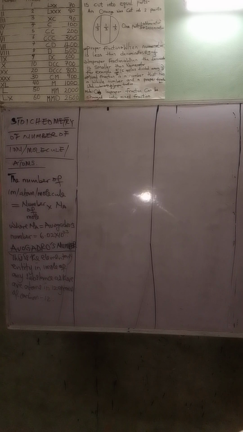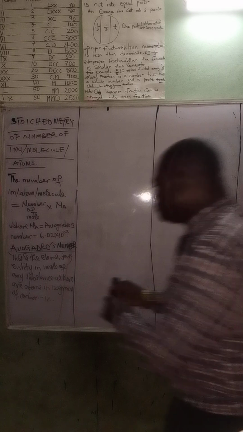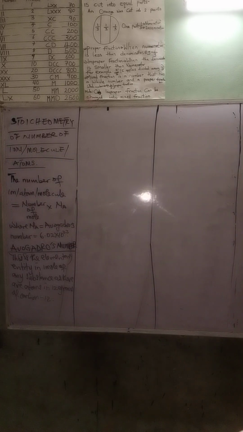Now, I just told you that the number of any particular substance is the number of mole times Avogadro's number. And I've given you the various formulas for number of mole.